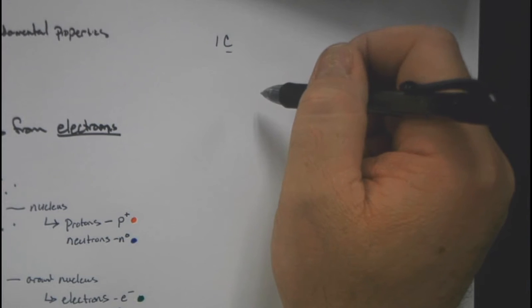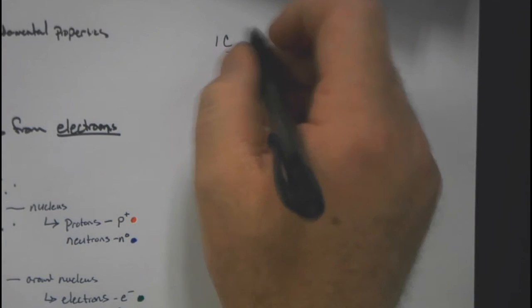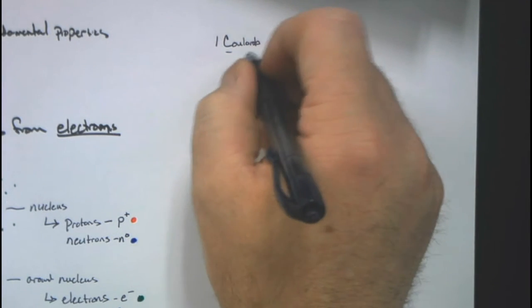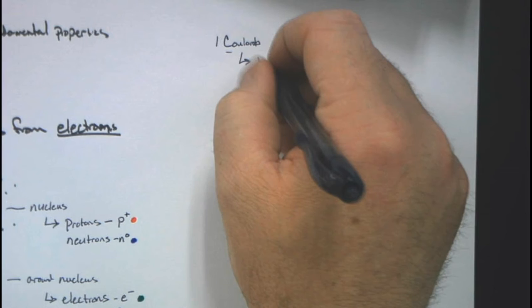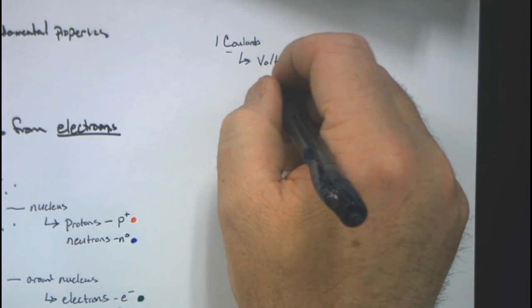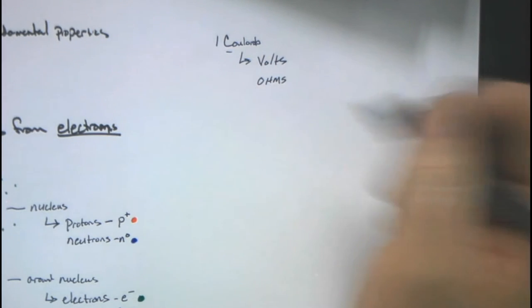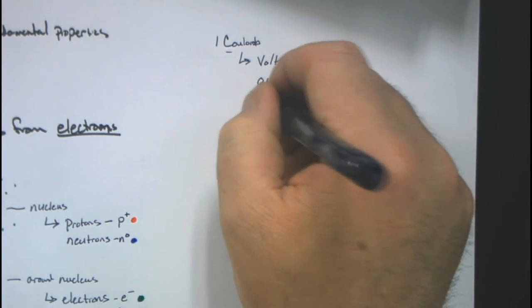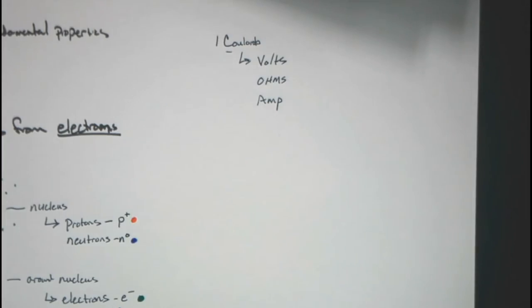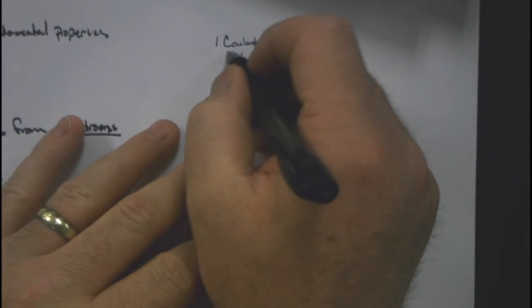And it is from this unit of a Coulomb that we're going to see other units come out. We're going to be dealing with things in terms of coulombs. One Coulomb will lead to things like volts, and ohms. You may have heard of those, and amps, or amperes, for a unit of current. All of these are based on our unit of a Coulomb.